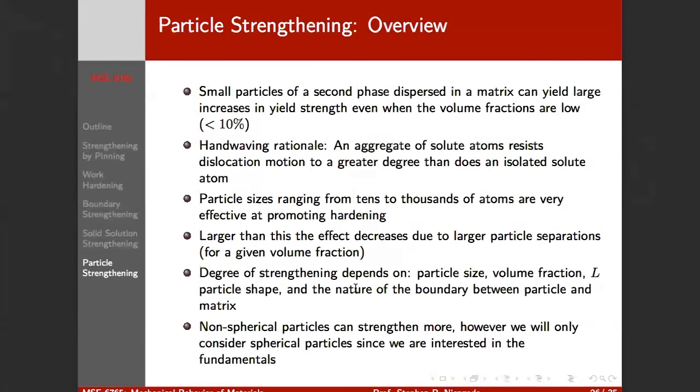So for, say, processing aluminum alloys, we're really looking for a very fine dispersion of particle sizes in the sort of nanometer regime. Very, tens of atoms to thousands of atoms. Very good at promoting hardening.